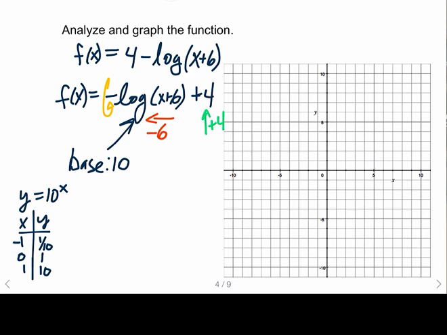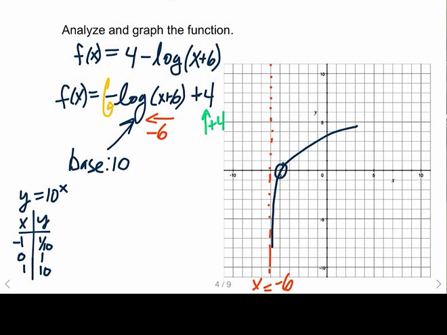So we have that vertical translation of up 4 units, and the horizontal translation to the left of 6 units. I'm going to deal with the horizontal one first. That's going to tell me where to put the asymptote, which in this case is x equals -6. And then I've noticed that the graphs we've been drawing have had an x-intercept that was 1 unit away from the asymptote. If I know where that x-intercept is going to land, then I have a pretty good idea how to draw this graph.